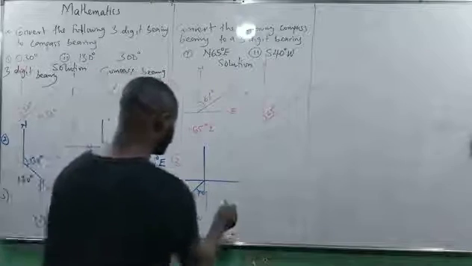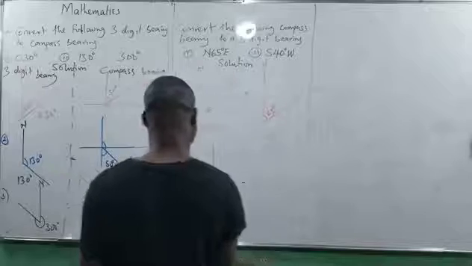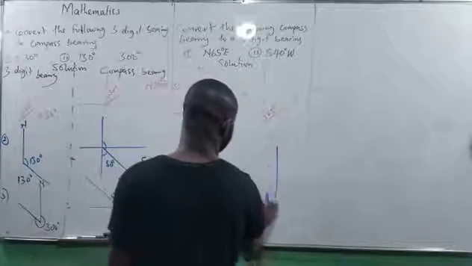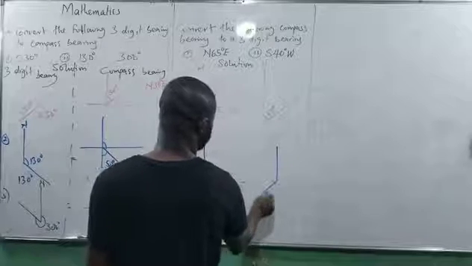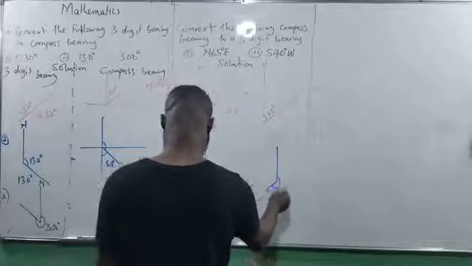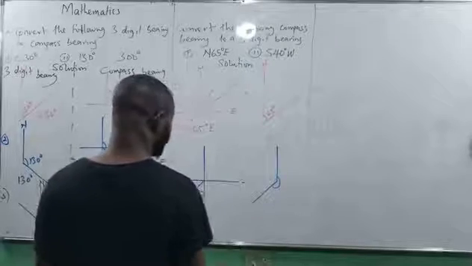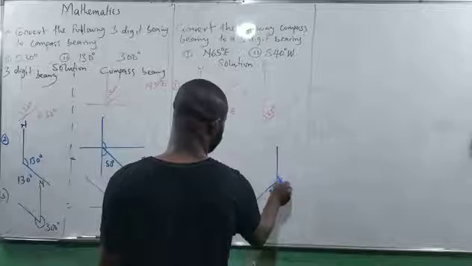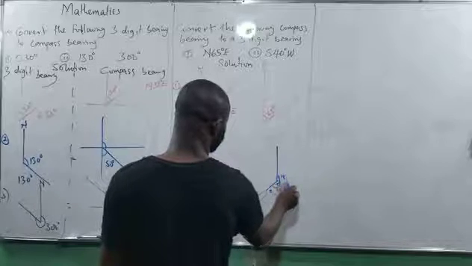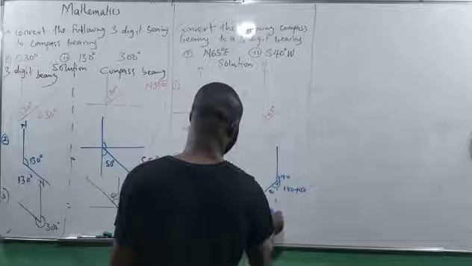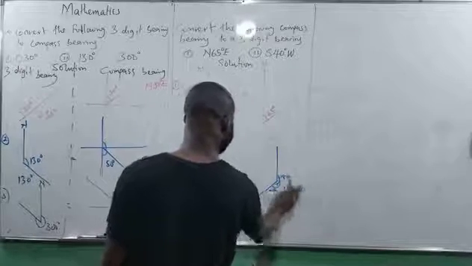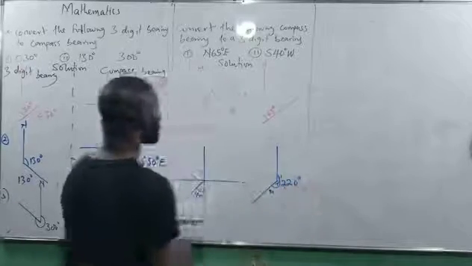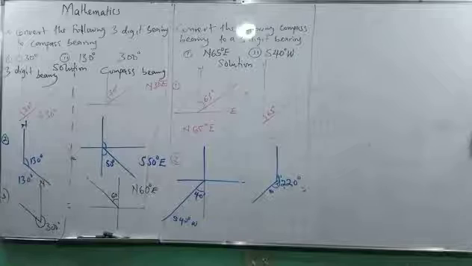Now, in terms of the other one, it will be like this. Don't forget that this is going to be 40, and here will be 180. It means 180 plus 40. It means everything will be 220 degree.